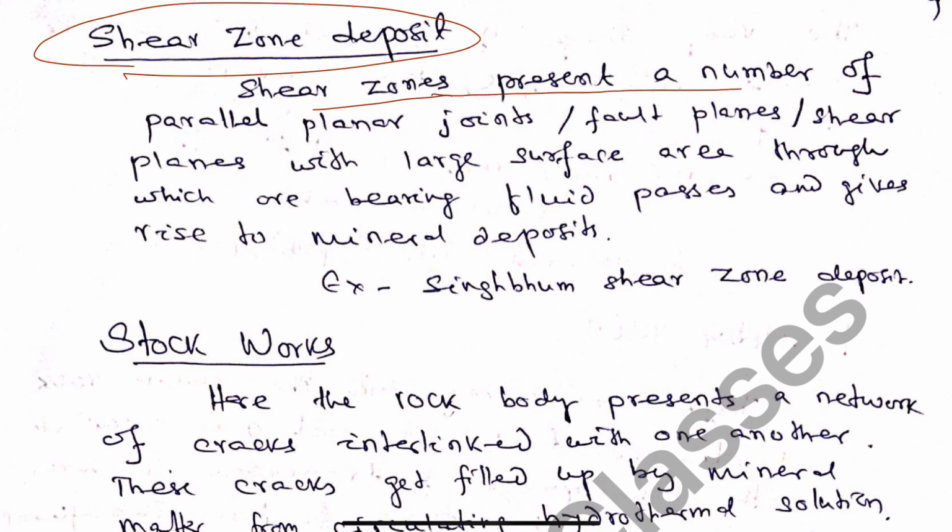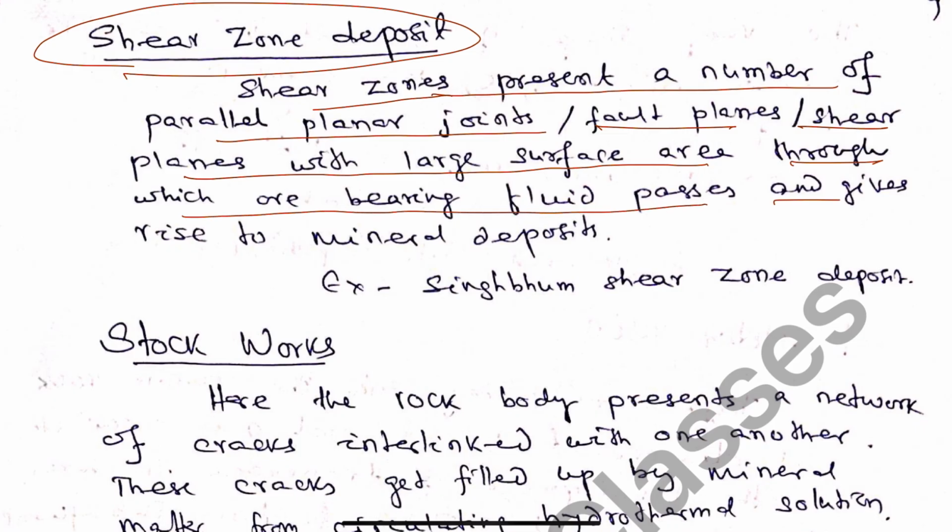The shear zones present a number of parallel planes of joints or fault planes or shear planes with large surface area through which the ore bearing fluid passes, and it gives rise to mineral deposit under suitable physico-chemical and environmental conditions. Example, Singhbhum shear zone giving rise to copper deposit, Singhbhum copper.